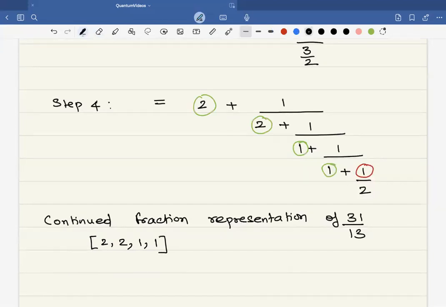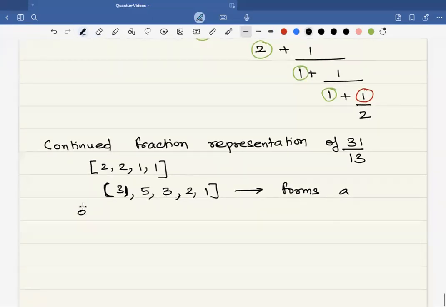And so it turns out if I look at the numerators, so 31, 5, 3, 2, and 1, this forms a decreasing sequence, and it always terminates for a fraction.